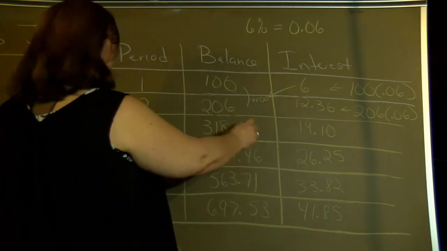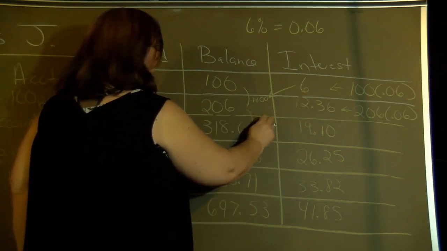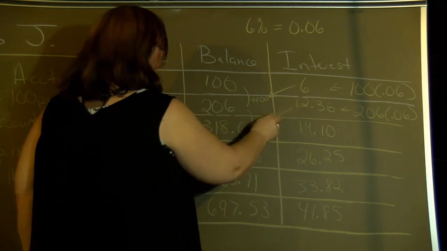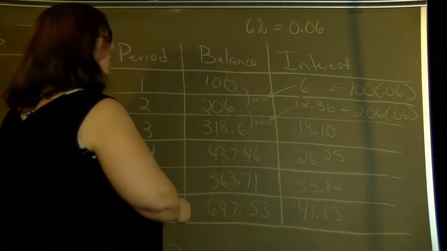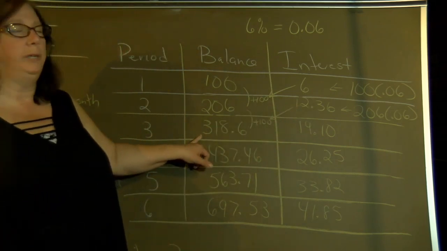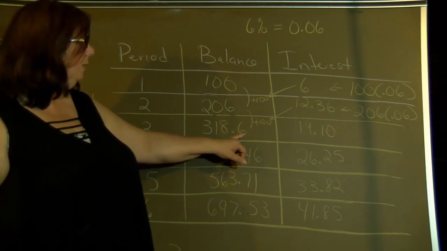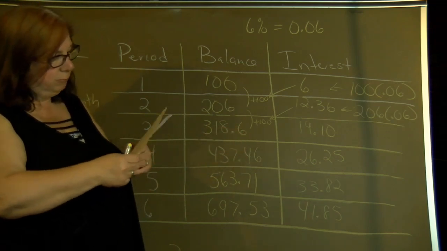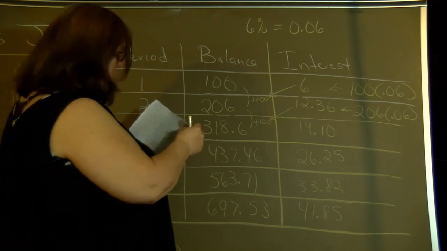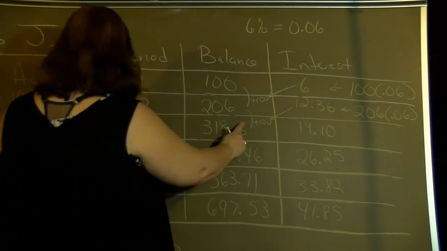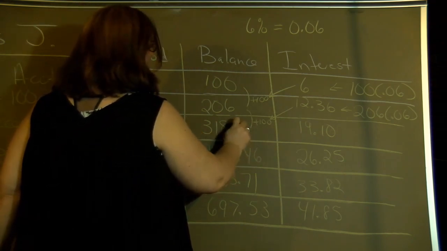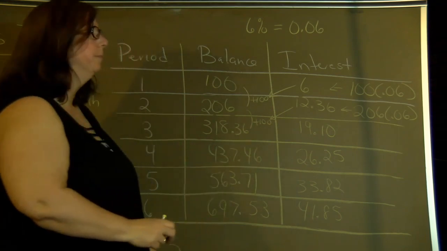To go to the next one, we make another $100 deposit plus our interest, and that will give us $318.36. Sorry, $318 and 36 cents.